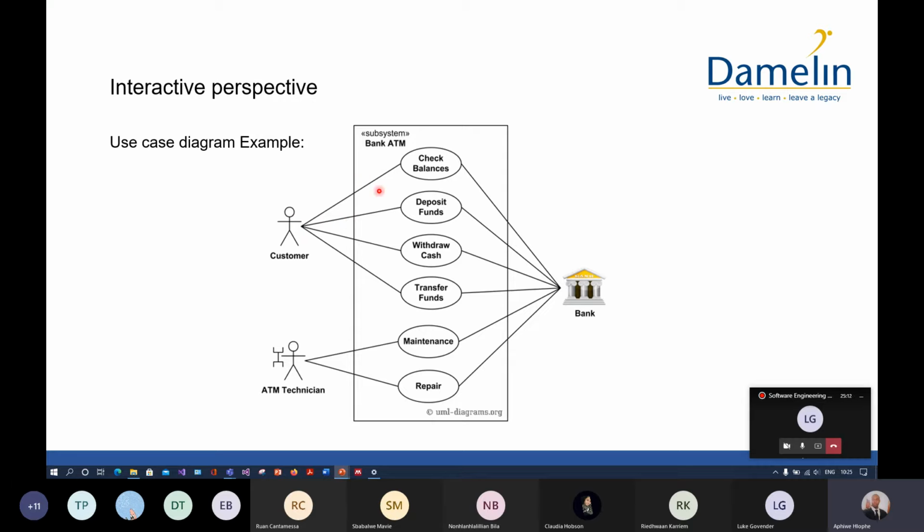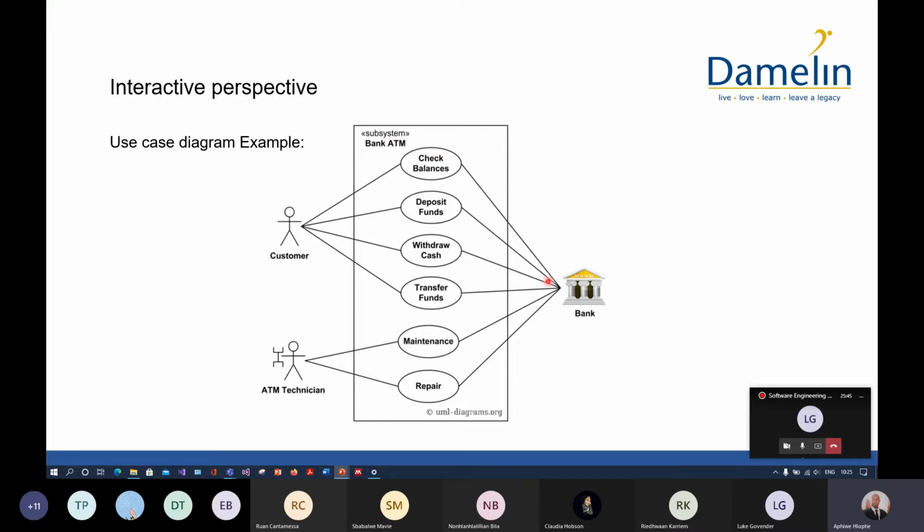You can see from this particular system that the only use cases that will be triggered by this actor is checking their balances, depositing funds, withdrawing cash, and transferring funds. Then we have someone who refills the ATM, for example. They're going to be doing any maintenance, repairs. Okay. Then the bank may be one of the actors which triggers most of them, if not all.